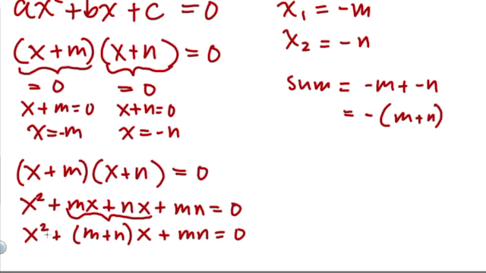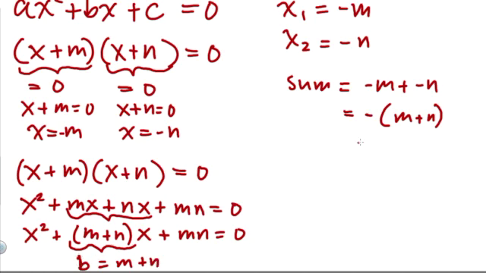Now we can see that this is in the form of ax squared plus bx plus c, because m times n is a constant. And here we can say that b is equal to m plus n.